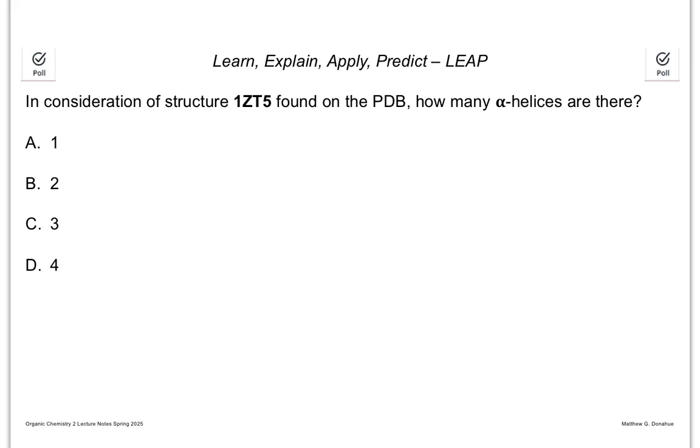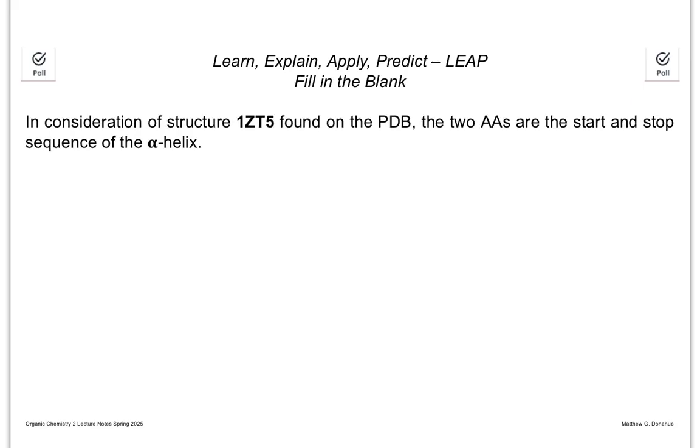And then again, above where the primary sequence is listed, when you click on that, it gives you a range or something, right? So what are the start and stop amino acids of that helix?